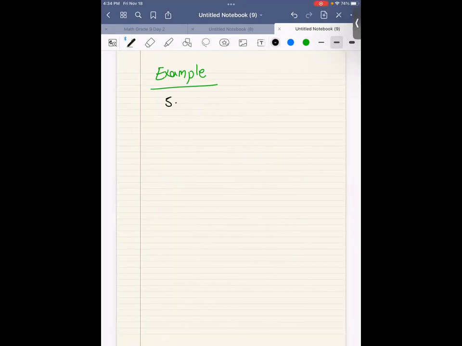So I want you to solve for x, and the equation that we have is sine hyperbolic of x equal to -4. So this is basically an exponential equation, because sine hyperbolic is e to the power x minus e to the minus x over 2, and you have to solve this, equal to -4.